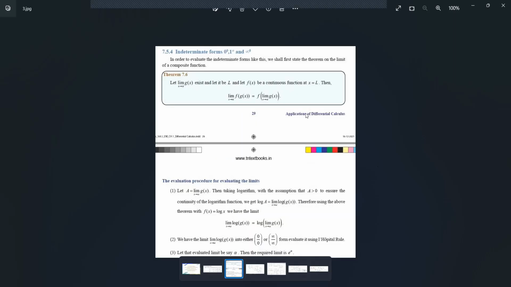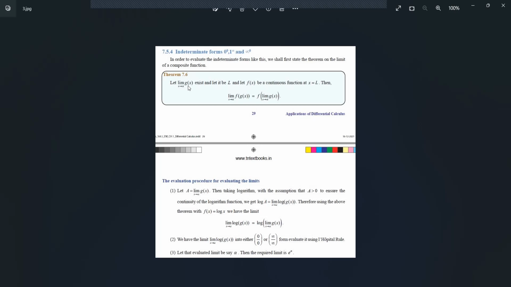The next possible set of problems which we can get is indeterminate forms which are of the form 0 to the power of 0, 1 to the power of infinity, and infinity to the power of 0. In order to evaluate these forms, there's a theorem which we will be using.